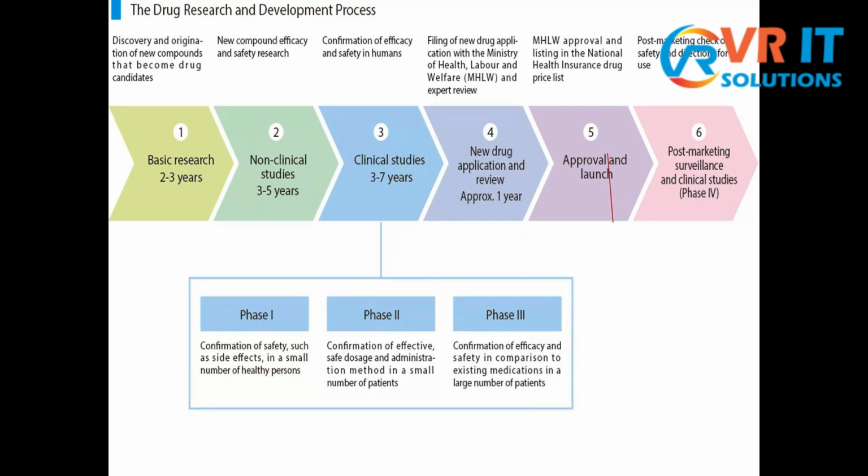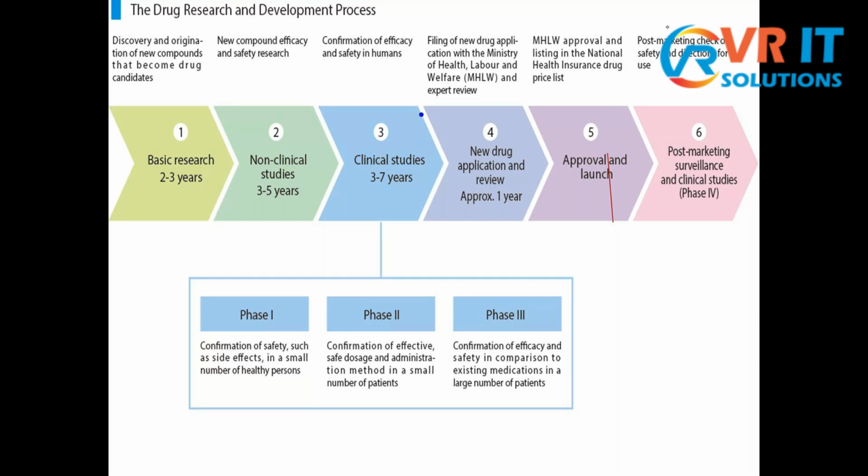Clinical trials are very lengthy because human lives are involved. We cannot overnight create a drug and distribute it to everyone, as it might cause many adverse events, serious adverse events, so everything must be checked before release into the market.